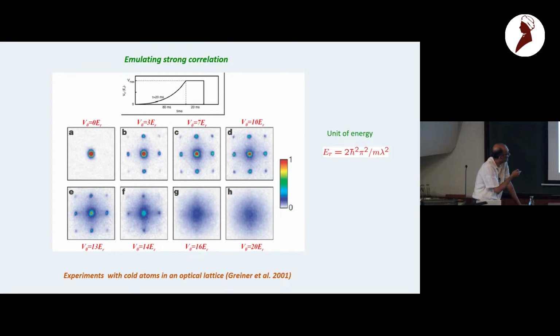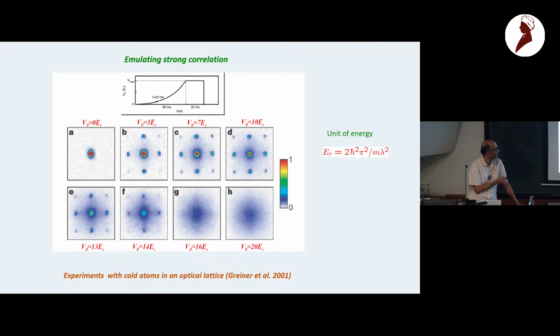But the interesting thing here is that after you have dropped the trap and switched off the potential, the flight of these bosons is roughly a free flight. As a result, the position of the boson on the screen or on the camera plate, after some time, is completely determined by its initial momentum or velocity.